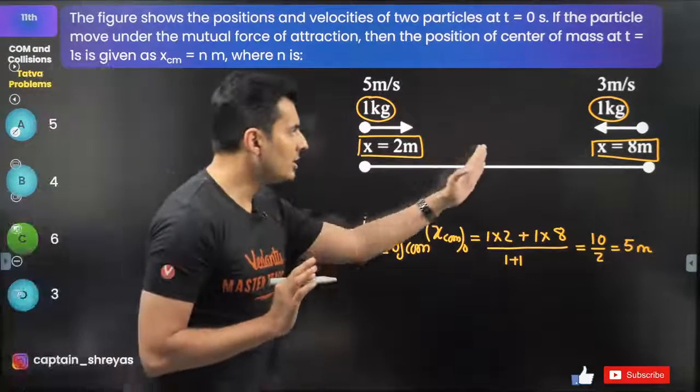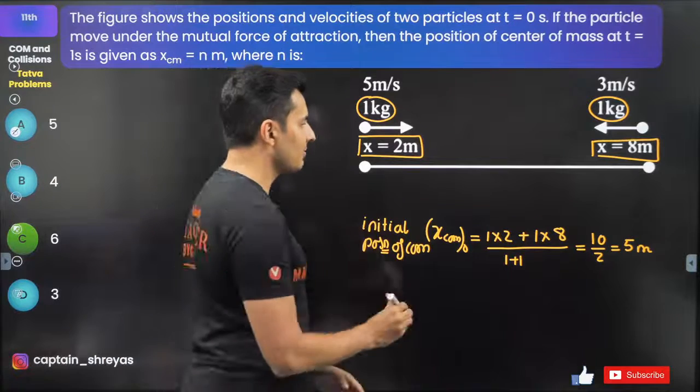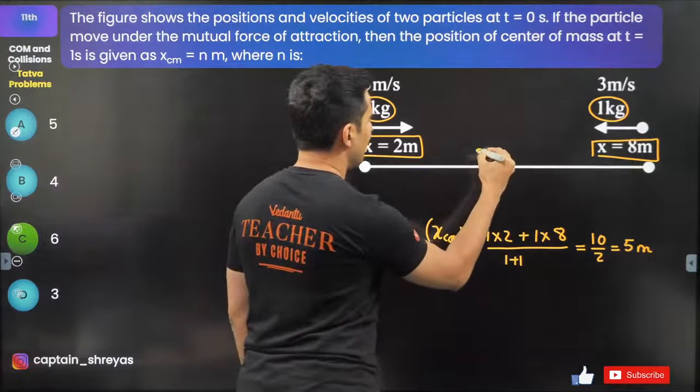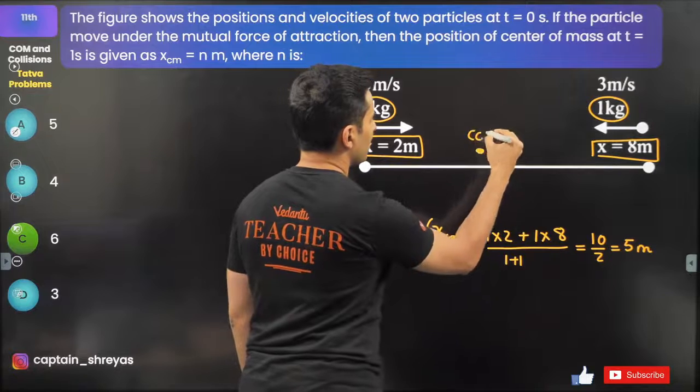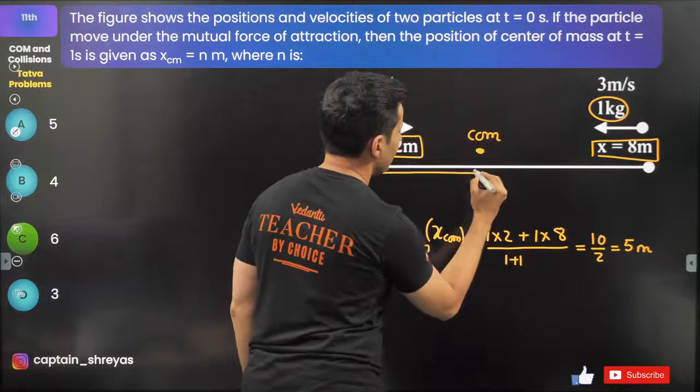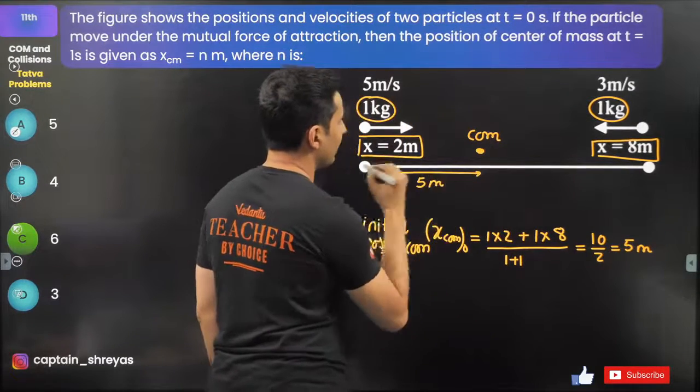So the initial coordinate of the center of mass is 5 meters.